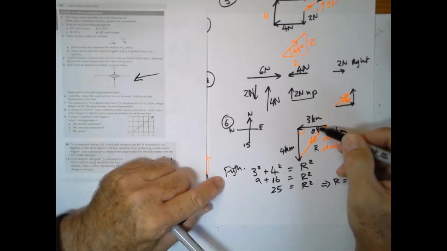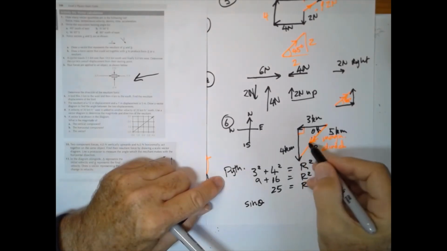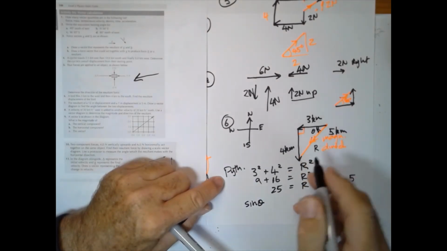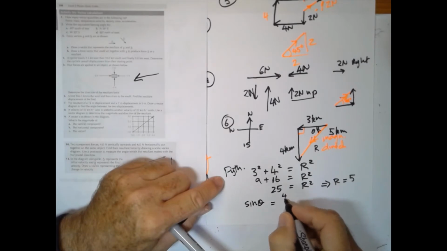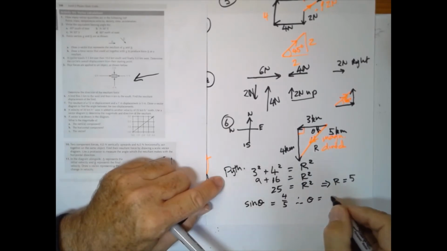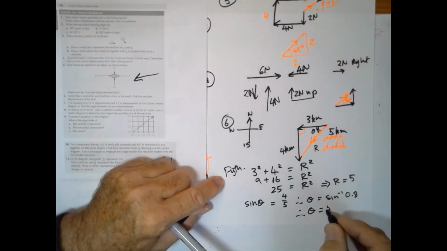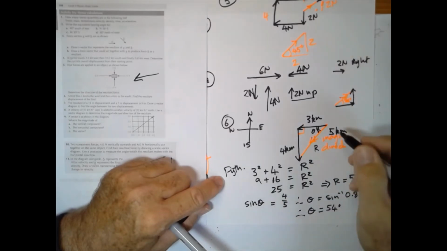Sine of theta is equal to opposite over hypotenuse is equal to 4 over 5. Therefore, theta is equal to inverse sine 4 over 5. Therefore, theta is equal to 54 degrees. This angle is 54 degrees.